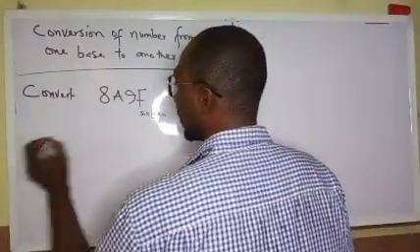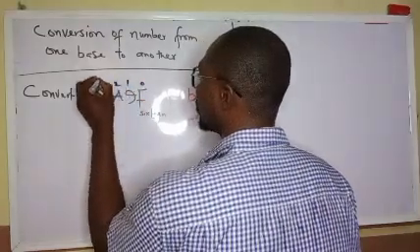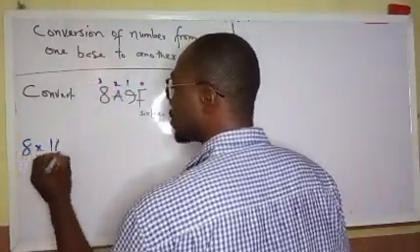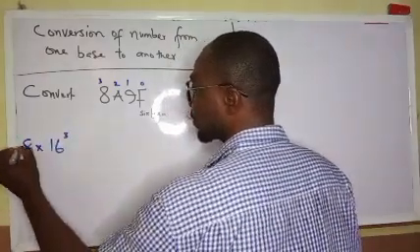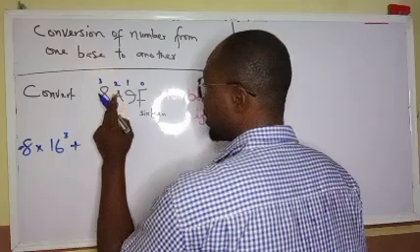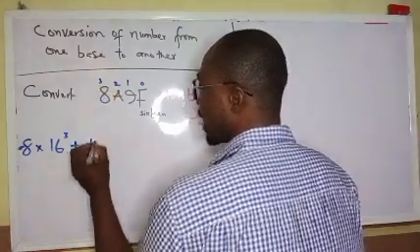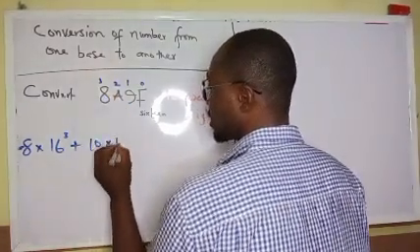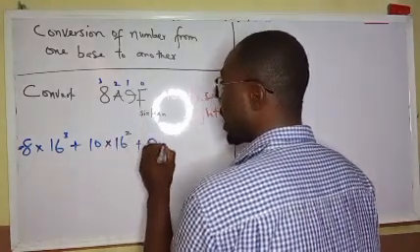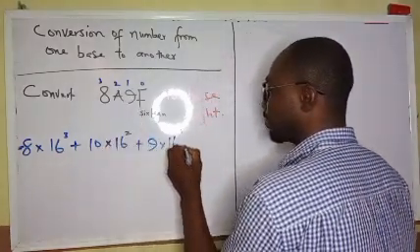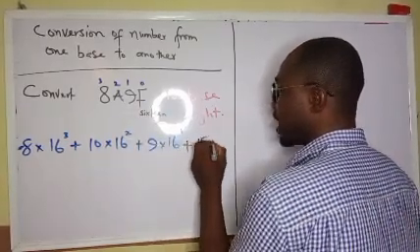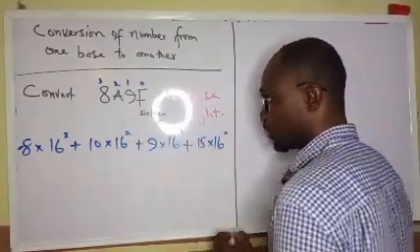We have positions 0, 1, 2, 3. So the first number is 8 times 16 to the power of 3, plus A, that means 10, times 16 to the power of 2, plus 9 times 16 to the power of 1, plus F, which means 15, times 16 to the power of 0.